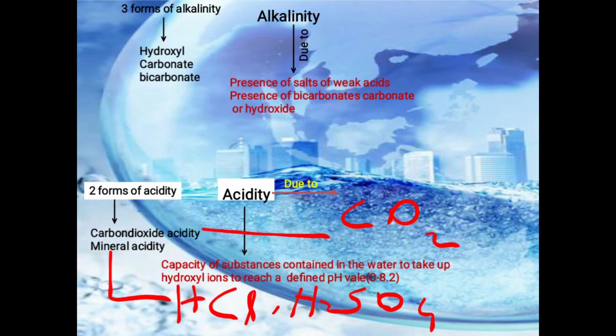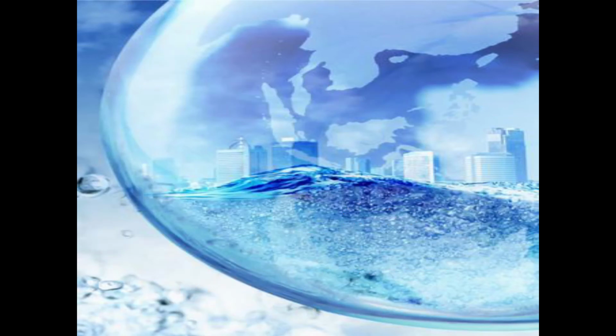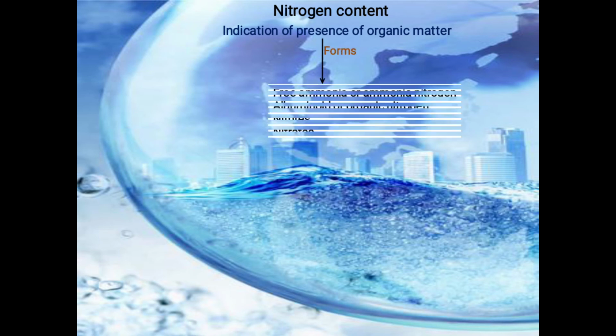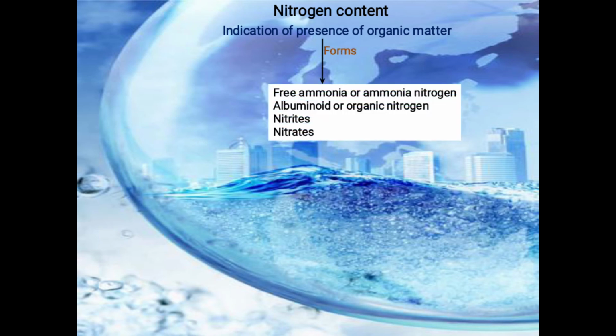Next, nitrogen content. The presence of nitrogen in water is an indication of the presence of organic matter and may occur in one or more of the following forms: free ammonia or ammonia nitrogen, albuminoid or organic nitrogen, nitrites and nitrates.